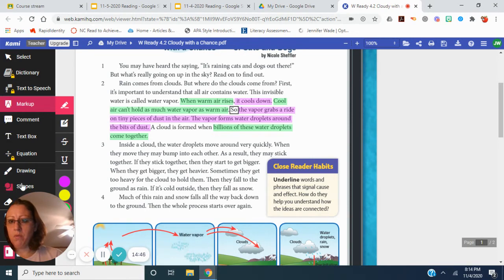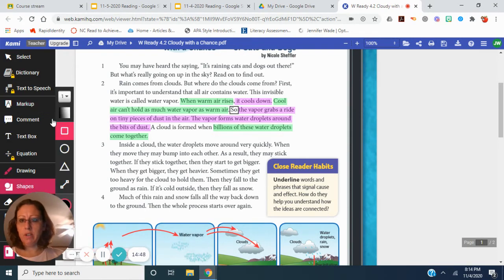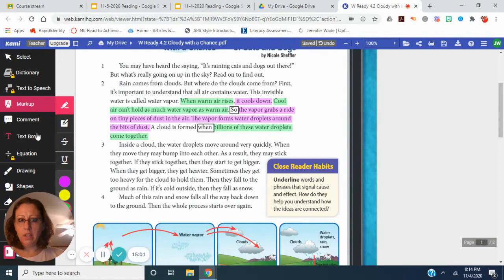Okay, I am going to put a box around our signal word, when. And if you told me that the effect is a cloud is formed, then you are correct.